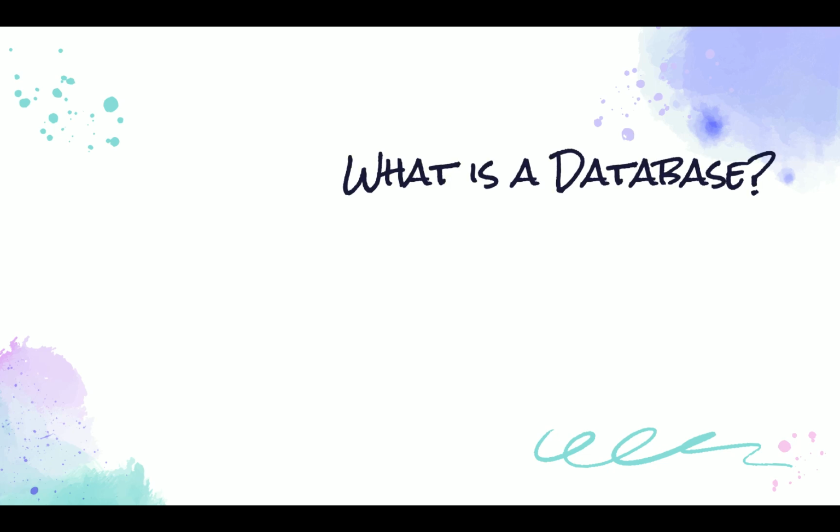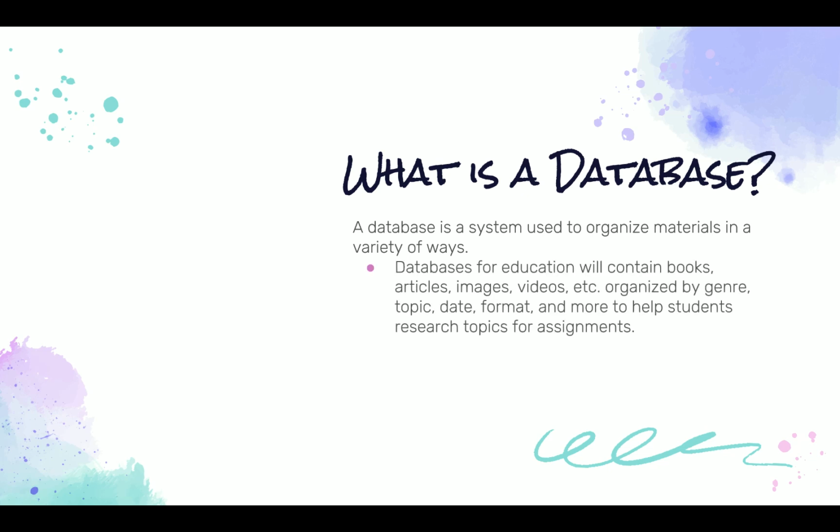So before we start, what is a database? We've all heard the word, but what exactly is it? It's a system that we use to organize materials in a variety of ways. The library has thousands and thousands of different types of resources and materials, and they have to be organized in certain ways.